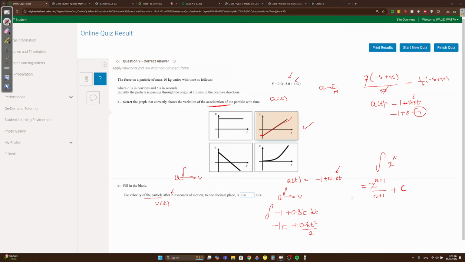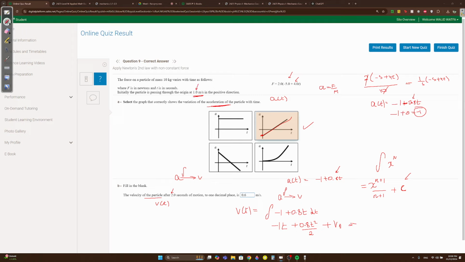Because it was 1 plus 1 becomes 2, over 1 plus 1, which is 2. Okay, so you get this plus the constant c. This is in math, okay? But when you're working in mechanics, the constant c would be the initial value of whatever you're working with. And I'm finding velocity, so it would be the initial value of velocity, which is actually given as 1.